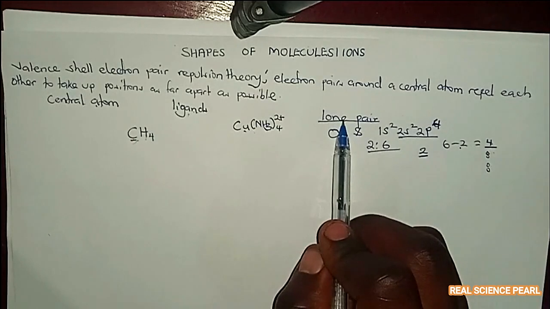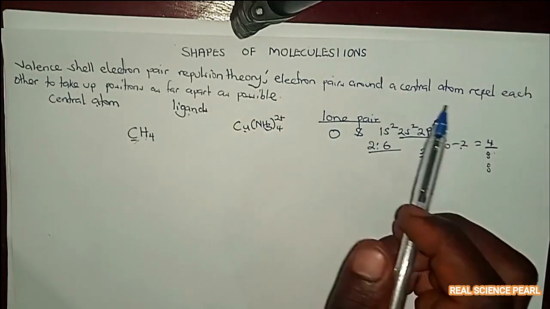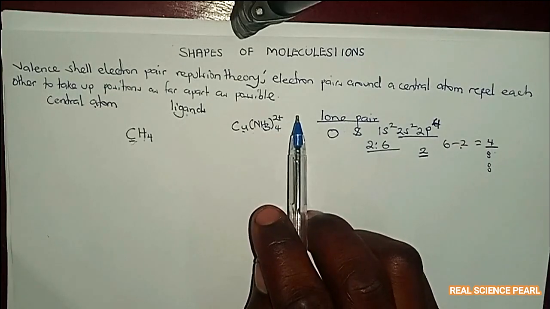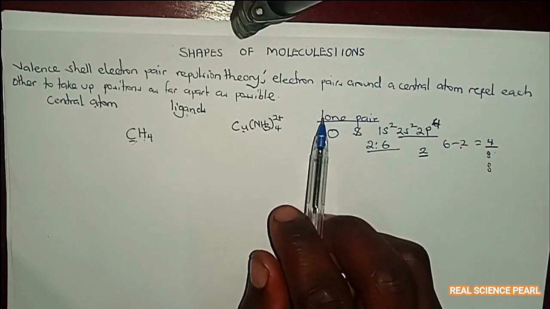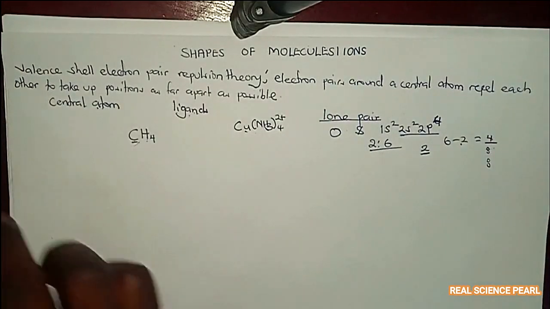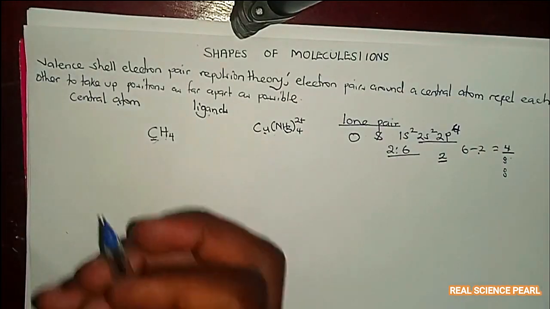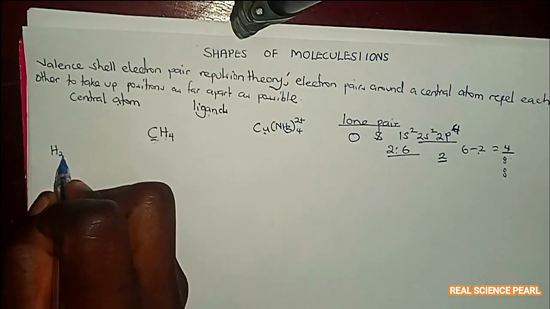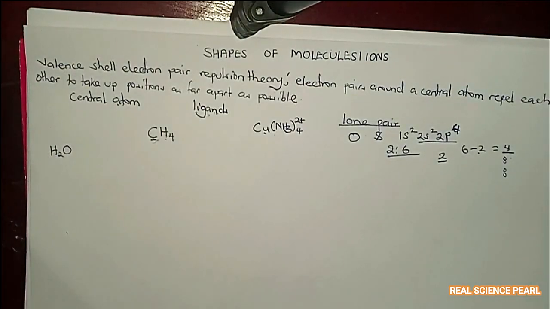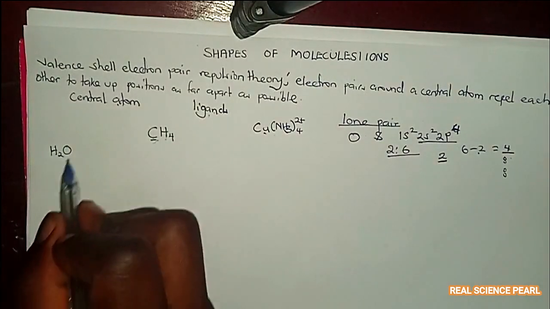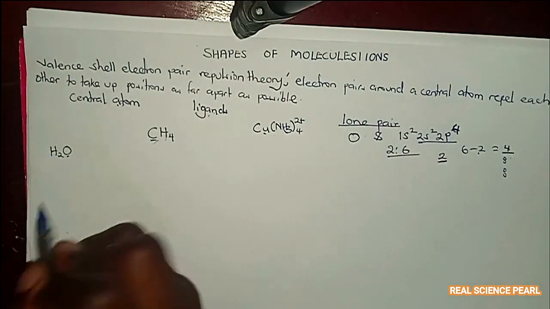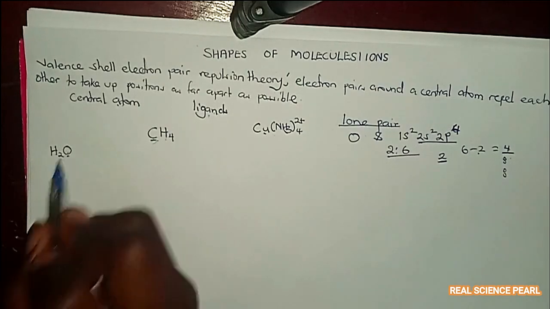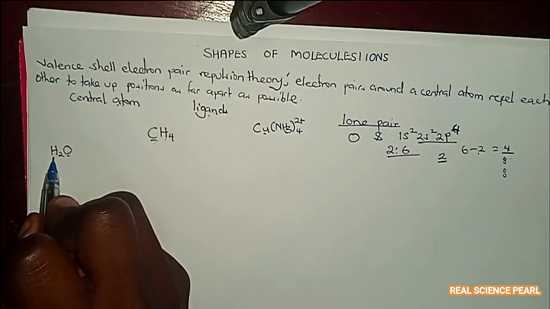Now what you need to know most is to identify the lone pairs within a compound, molecule or ion you are dealing with. For example, let me start with the simplest, that is the shape of water. If I'm to sketch water, we can see that the central atom is oxygen, and hydrogen is the ligand.